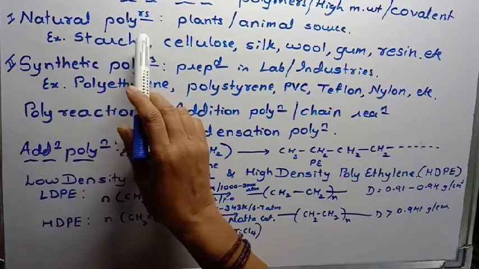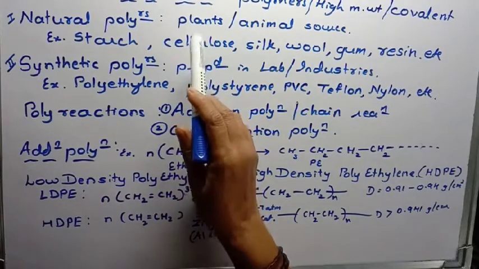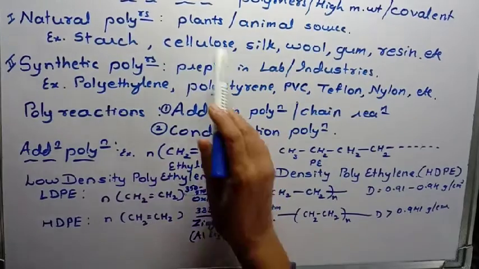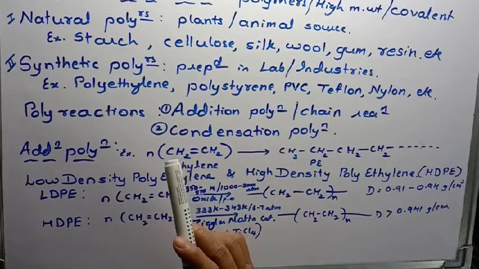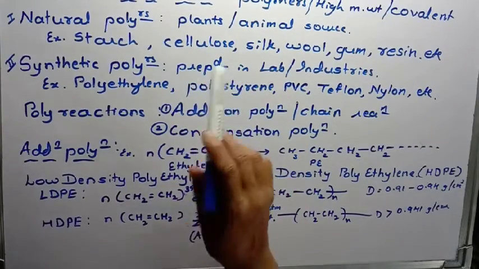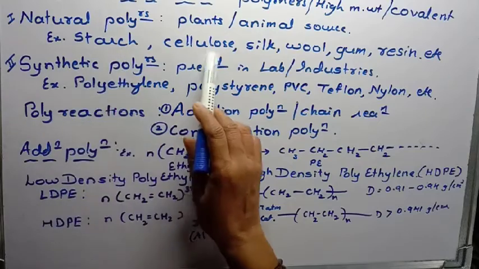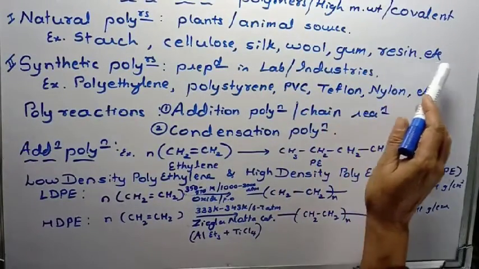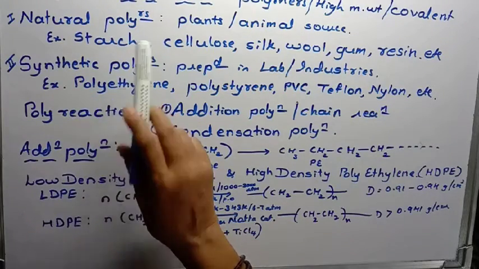Natural polymers are those which are extracted from plants or animals, naturally occurring and present in the environment. Examples are starch, cellulose, silk, wool, gum, resins, rubber, etc.